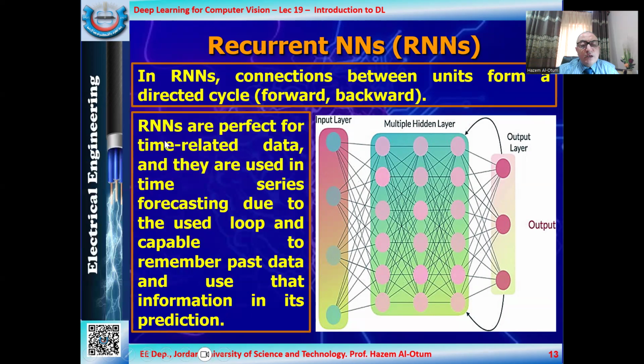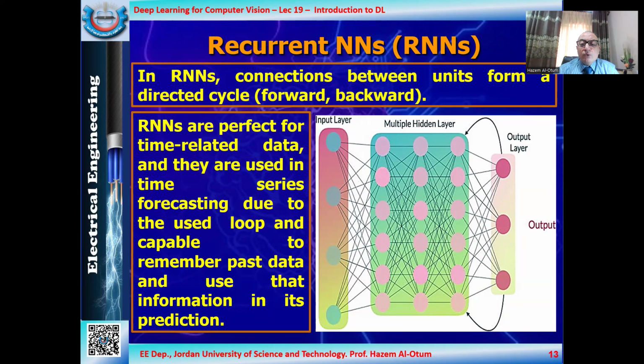Of course, RNNs are very suitable for cases when we have time-related data, and they are used in time series forecasting, for example, because we use a loop that is capable of remembering past data and using it to predict what will be next. For example, weather forecasting and marketing forecasting are all good candidates for recurrent neural networks. The main issue here is that the computation cost is high, mainly in time.